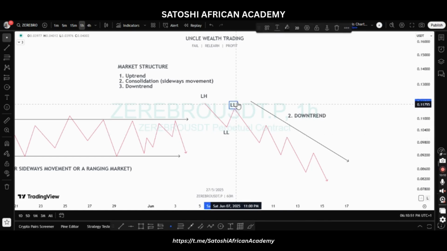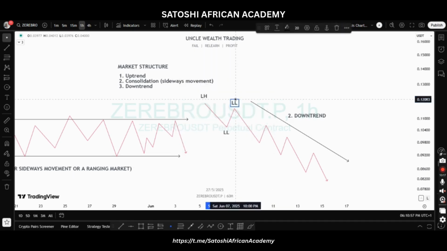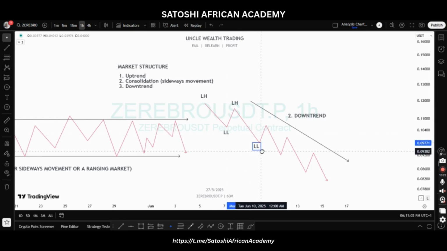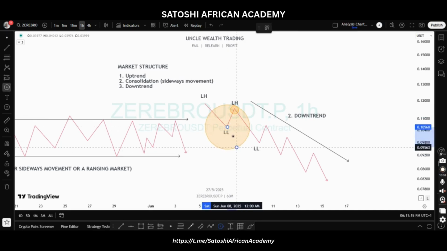We will have a lower high here again, and then a lower low. So basically, this point up here is our lower high, and this point is our lower low.